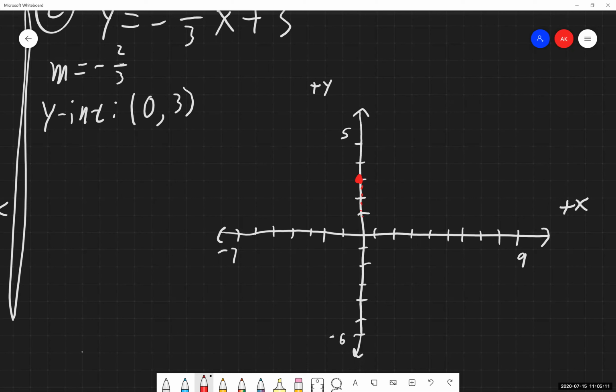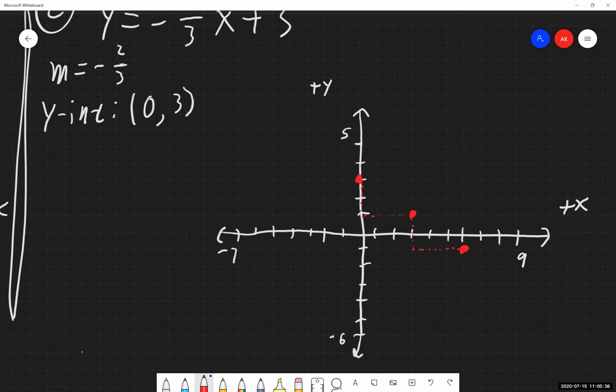And then horizontally, that run, I'm moving 3 in the positive direction. So I'm going to go over 1, 2, 3. And my new point is now right here. I could do the same thing again. Let's find another point. So I'm going to be going down by 2 and over another 3. And my next point right there.